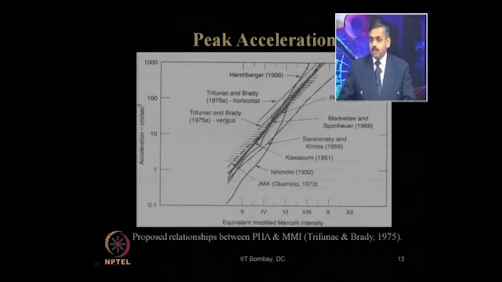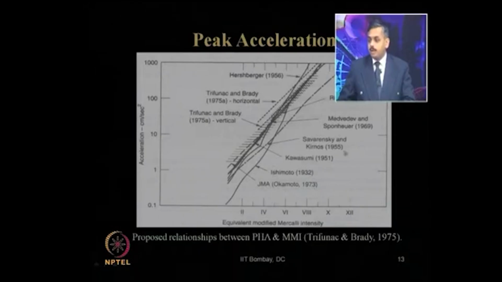Similarly, for vertical he has proposed another line. You can see here the vertical acceleration given by this dotted line, which is a little lower than the horizontal. Other researchers like Herzberger in 1956 proposed this line, Richter proposed this line, and various other researchers, including the Japan Meteorological Agency JMA, have also given different recommendations.